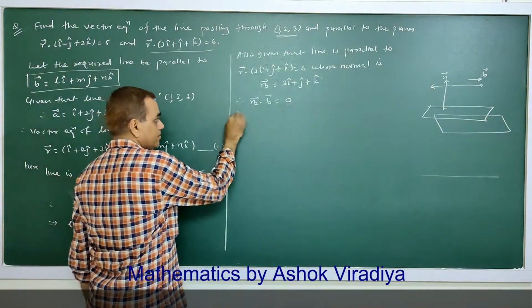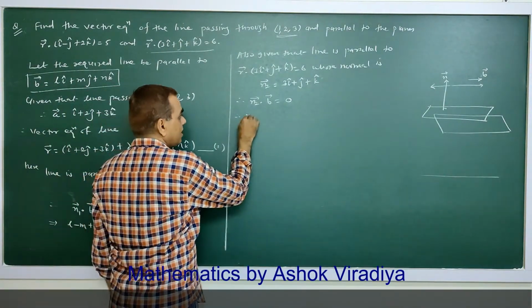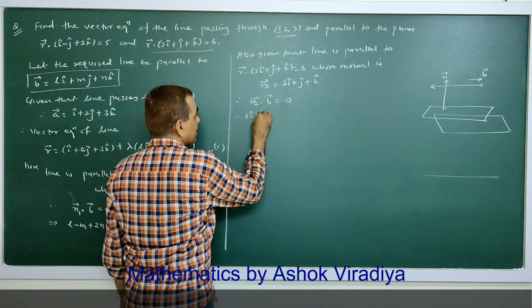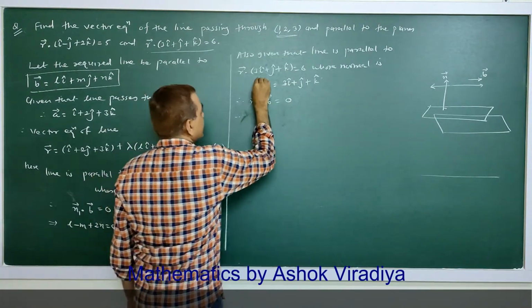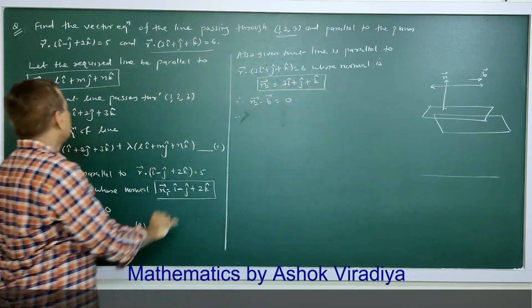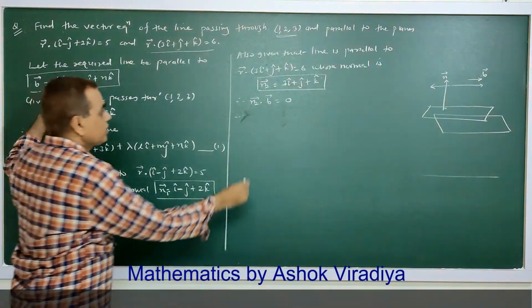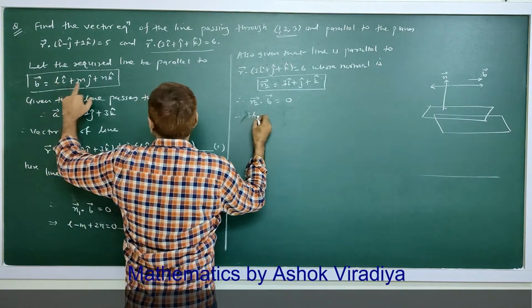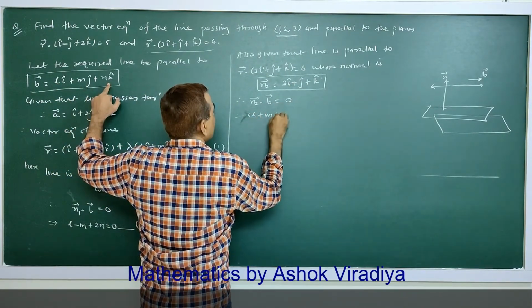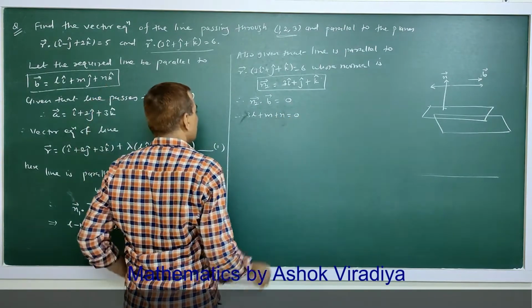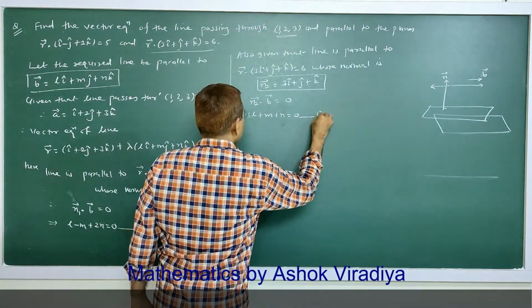Therefore 3i plus j plus k, we calculate the dot product. This is n2, this is vector b. So L into 3, that is 3L, M into 1, that is M, N into 1, that is N, equal to 0. So this is equation 3.